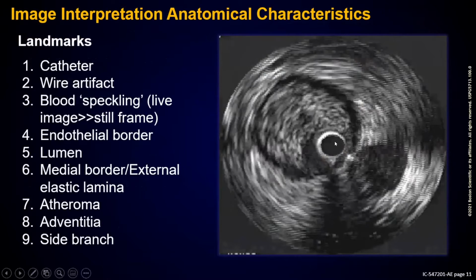Again, the catheter is in the middle, and then there is a wire artifact, and then there's the blood speckling, and then there's the endothelial border, and then this is all lumen, and then there is atheroma and adventitia, which is the brightest part on IVUS, and then there is a side branch where my cursor is.